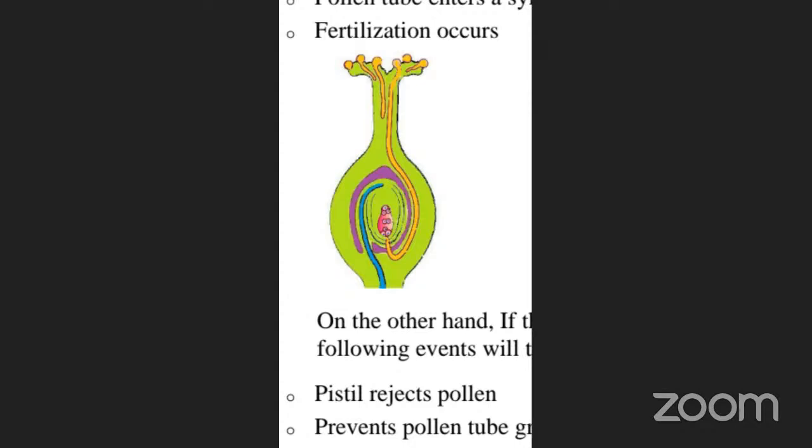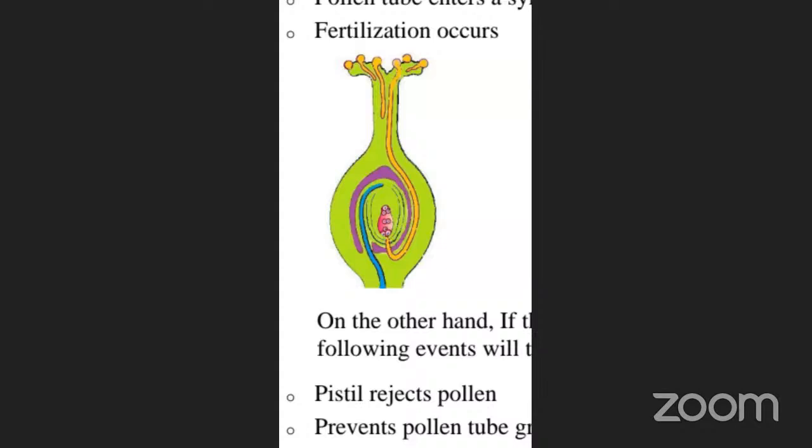Students, the embryo sac shows two fertilizations. After the pollen tube enters the ovule, it bursts in the ovule, releasing two male gametes.